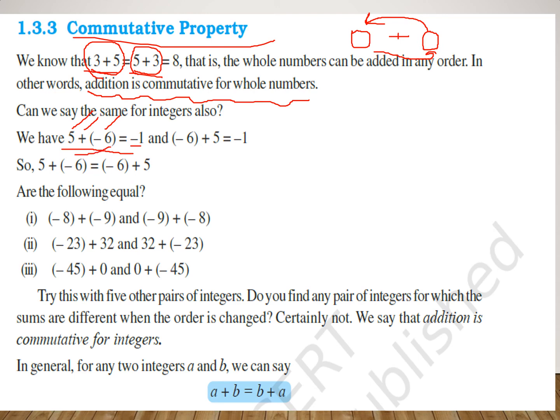When I change their position, what happened? Minus 6 comes first, 5 comes second, and sign is same plus. Again we are getting the answer as minus 1. So we can say addition is commutative for integers also. That means if you change the position of numbers, the answer is not changed. Or we can say finally a plus b equal to b plus a, where a and b can be any integer. I hope you got this.